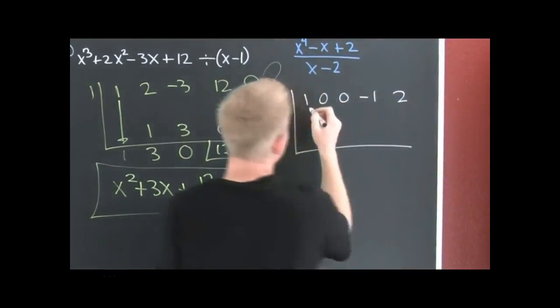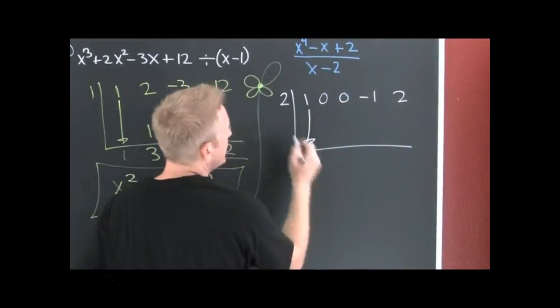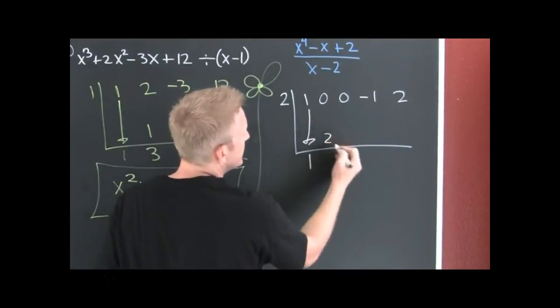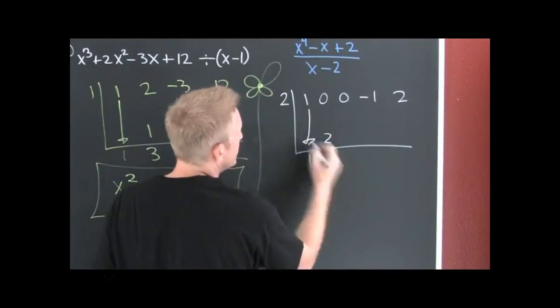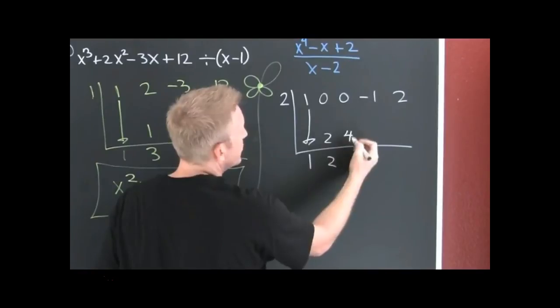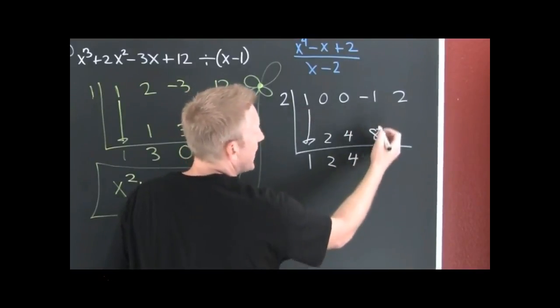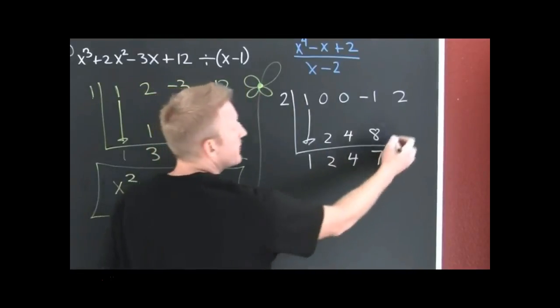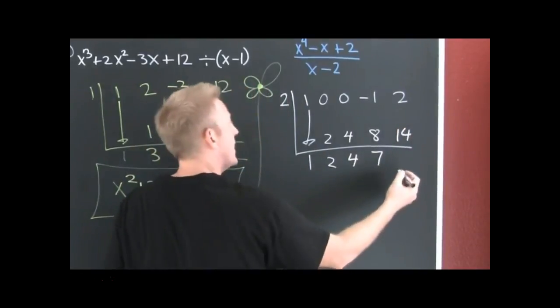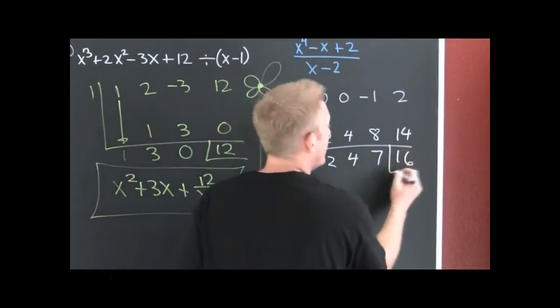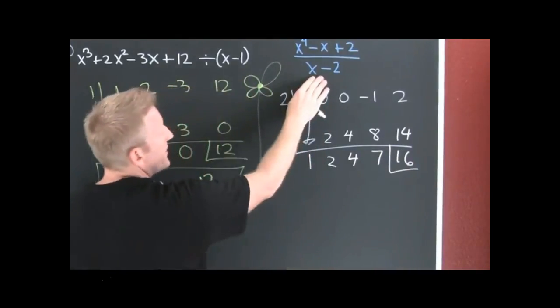On the outside, zeros, and then on this first one, there's a 1. 1 times 2 is 2. 2. 2 times 2 is 4. 4. 2 times 4 is 8. That's a 7. 2 times 7 is 14. That's a 16. Okay, that's my remainder.